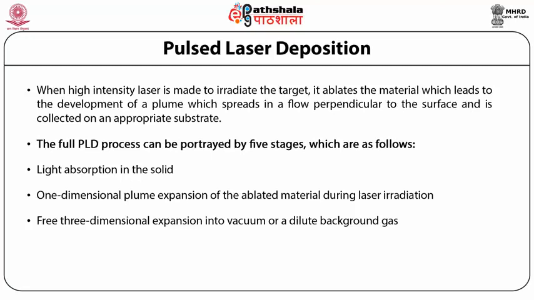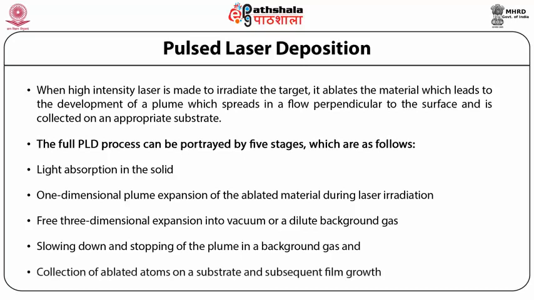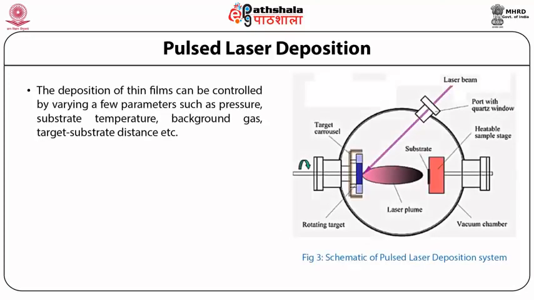Number 4, slowing down and stopping of the plume in a background gas. And lastly, the collection of ablated atoms on a substrate and subsequent film growth. This figure shows the schematic of the pulsed laser deposition system.